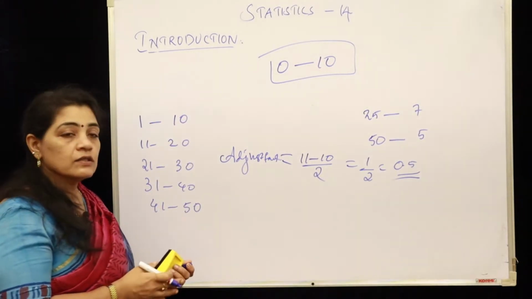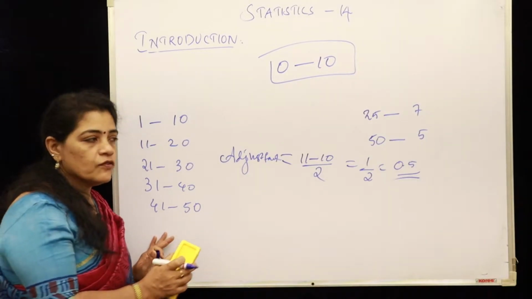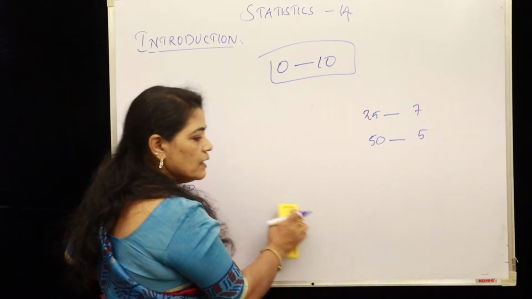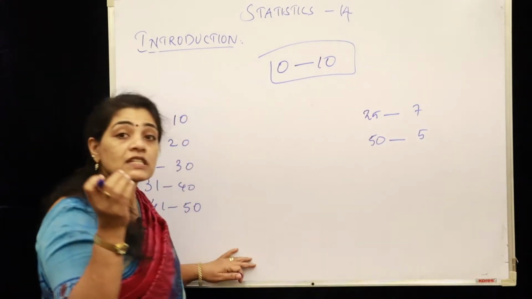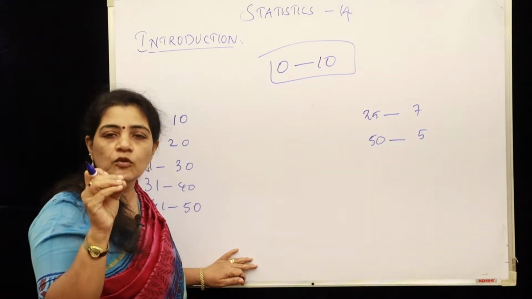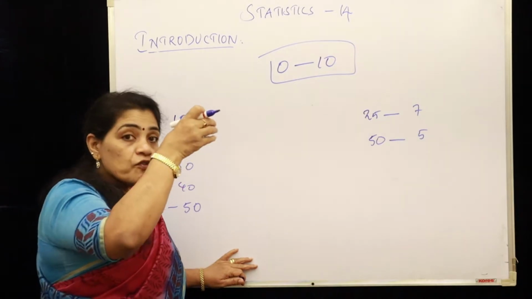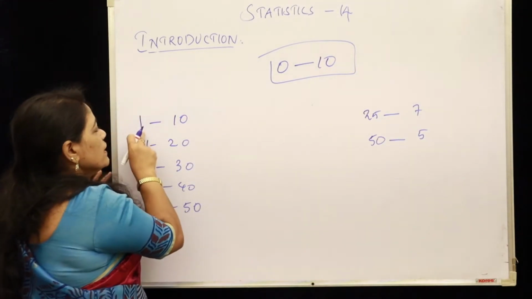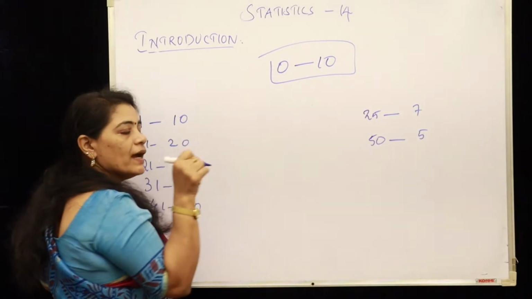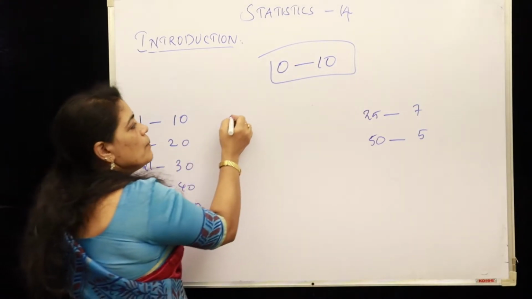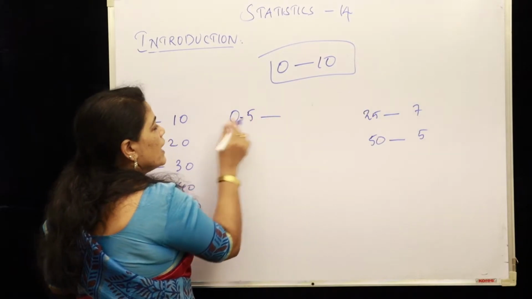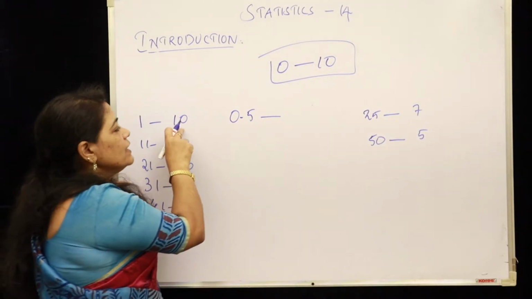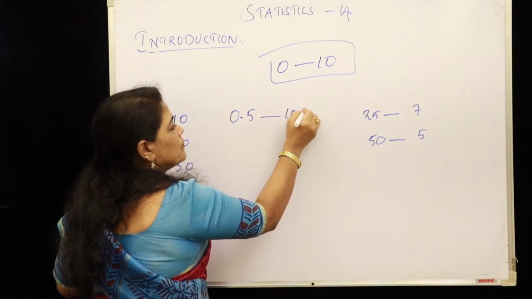Let us see what is going to happen for this inclusive form. First we subtract the adjustment factor 0.5 from the lower limit of each class interval. So 1 becomes 1 minus 0.5, that is 0.5, and if you add the adjustment factor 0.5 to the 10, it becomes 10.5.